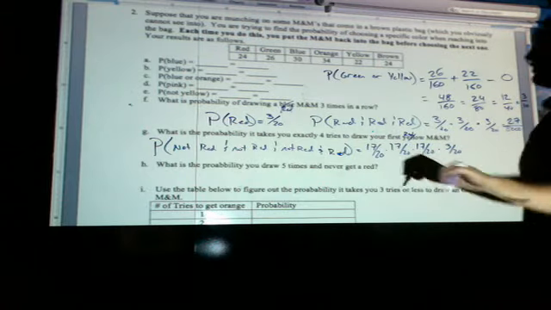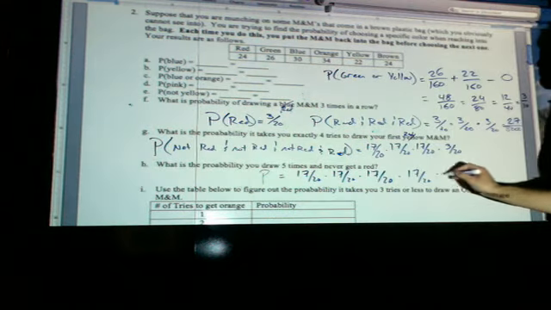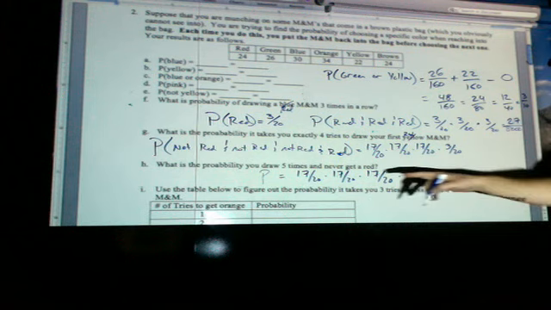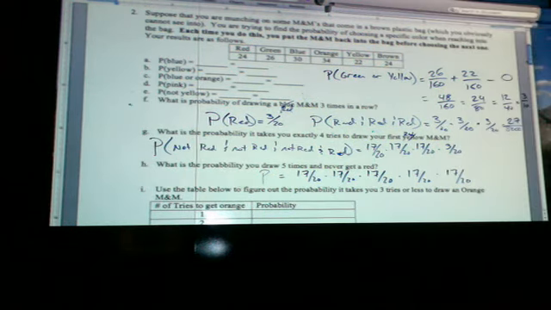So it'll be equal to 17 over 20 times 17 over 20 times 17 over 20 times 17 over 20, and that's 4, and there's my 5th. Since this time I never got a red, all the probabilities are the probability for not red. So hopefully those help you out.